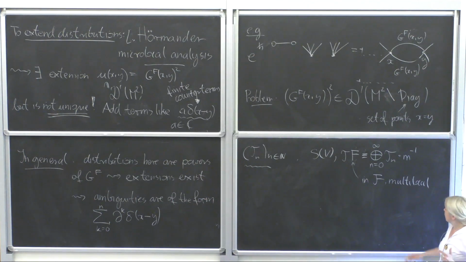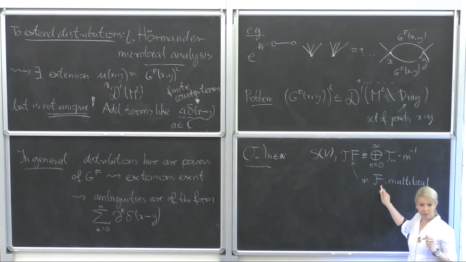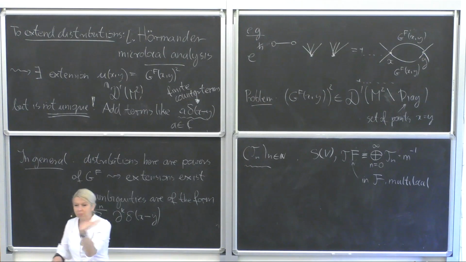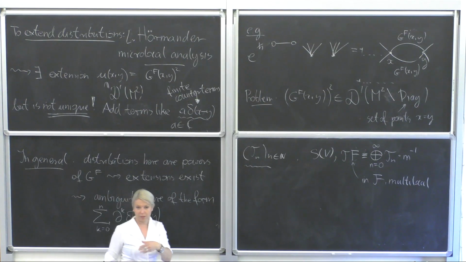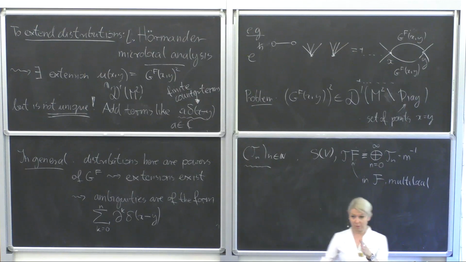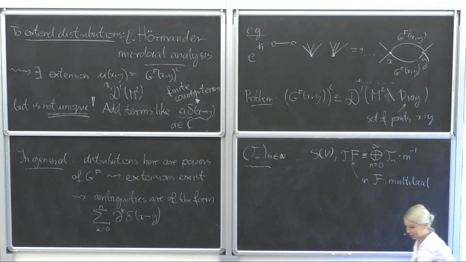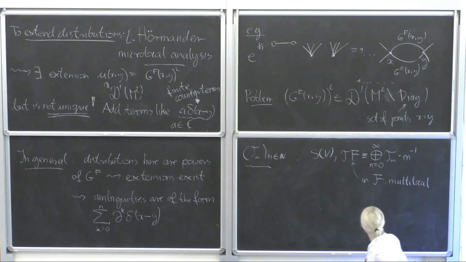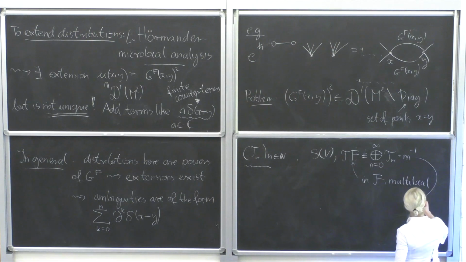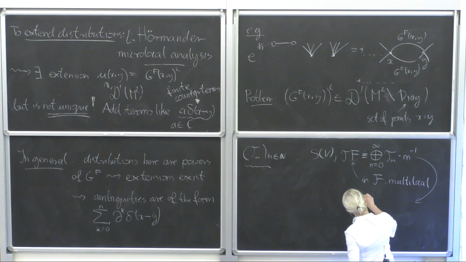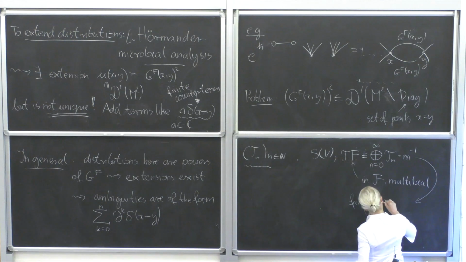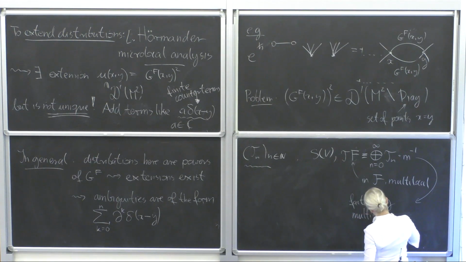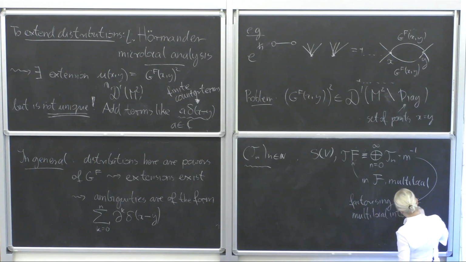Because of locality, you can actually factorize a multilocal functional up to multiplication by a complex number, so the base field. So this is something like factorizing multilocal into local.